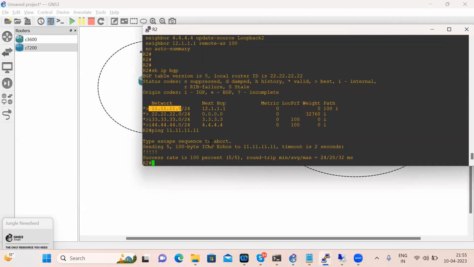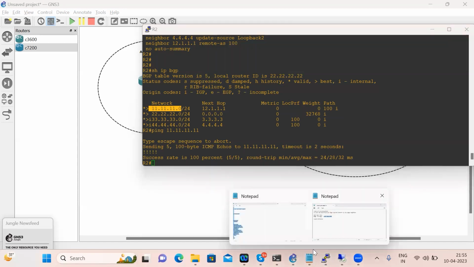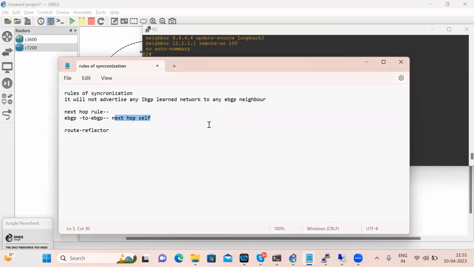Not got it, sir. Okay. See here. The next hop rule. In the next hop rule, you will see eBGP to eBGP. Then you will see eBGP to IBGP. Okay, so the first point is eBGP to eBGP.